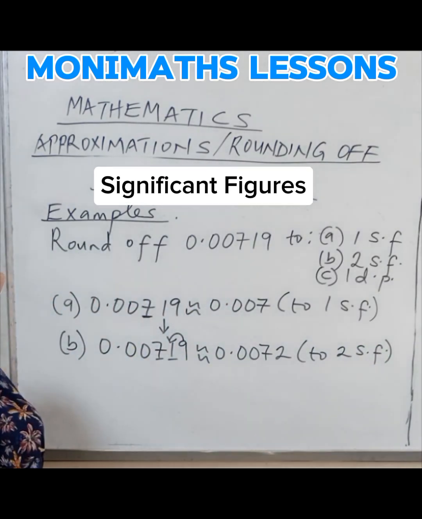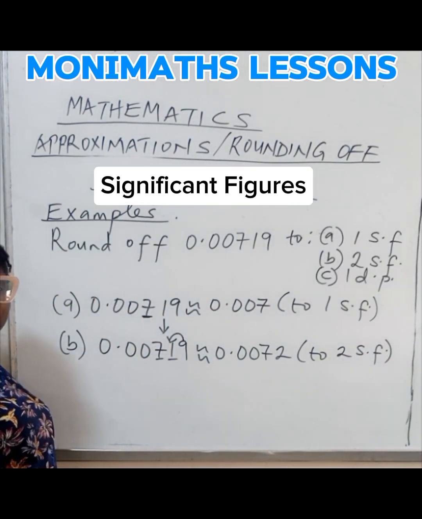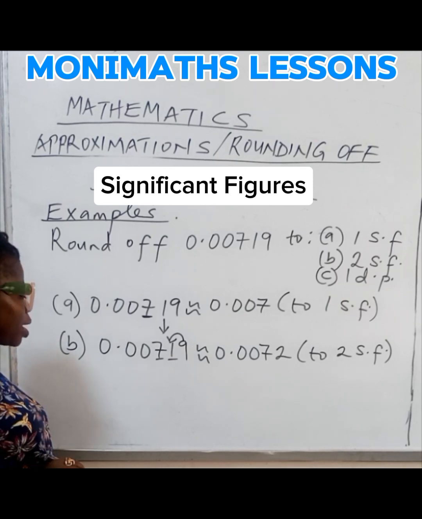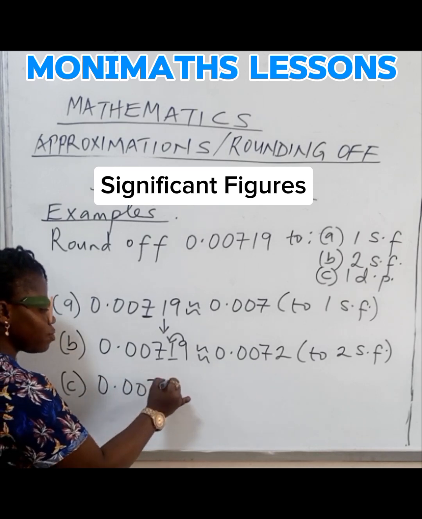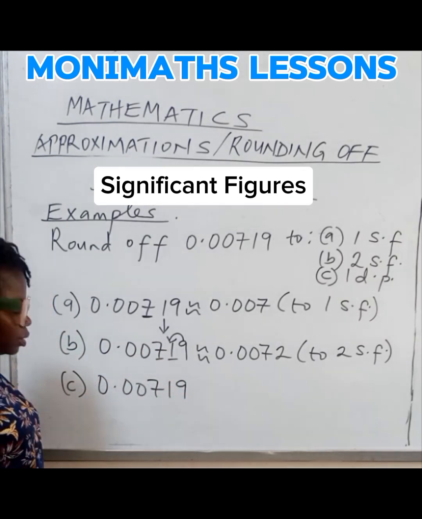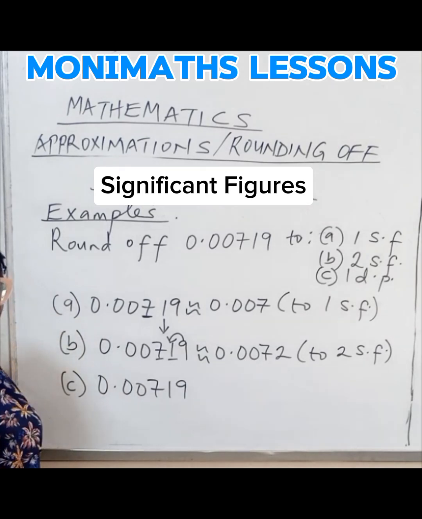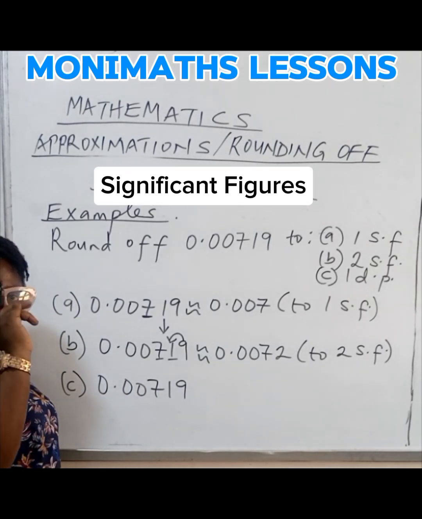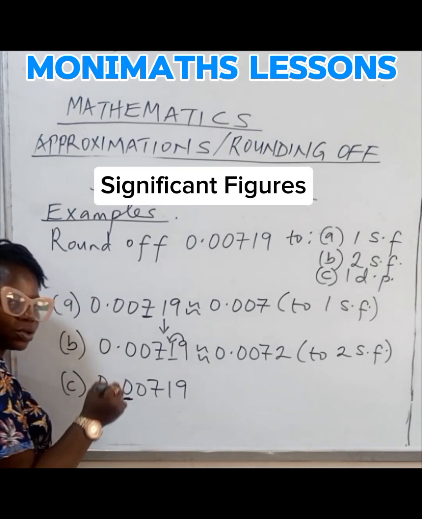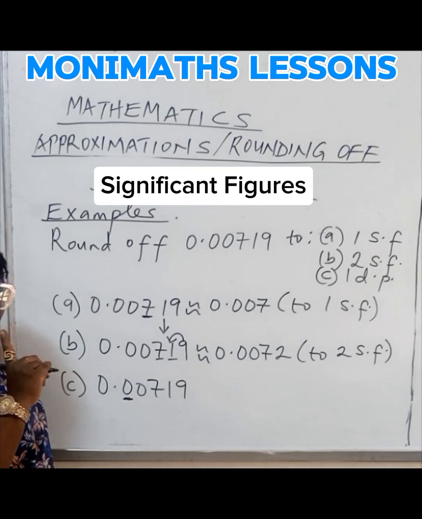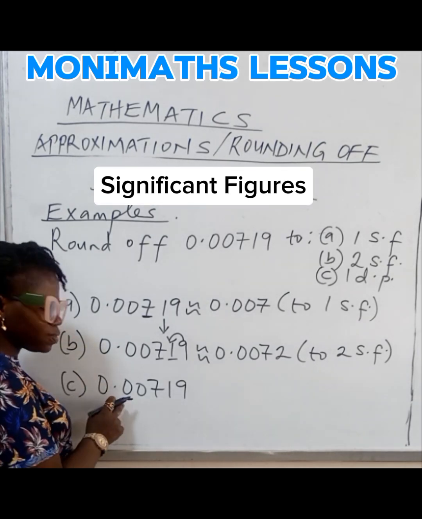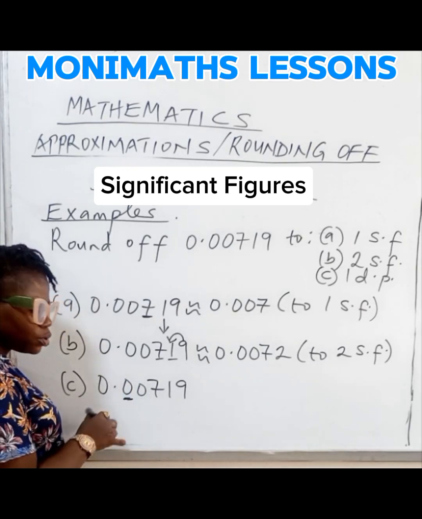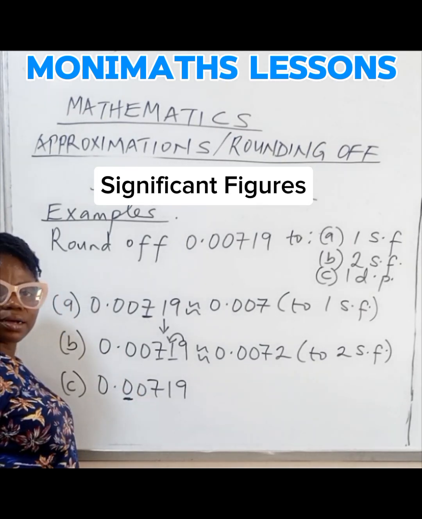For this kind of question, when you are asked additionally to round off to 1 decimal place, it is not a problem at all. 0.00719. This is 5 decimal places. So the first decimal place is 0. You want to round off to 1 decimal place, and the first decimal place is 0. You won't just write the 0, you will consider what is at its back.